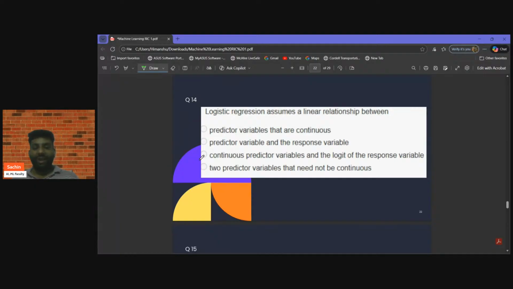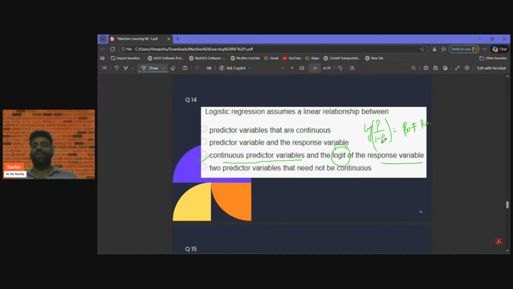So this third option, if you understand, continuous predictor variables and the logit of response variable. Okay. So I hope you remember we actually wrote something like this in the beginning. Log of p upon 1 minus p equals beta naught plus beta 1 x1. Something like this. Okay. I hope you understand.